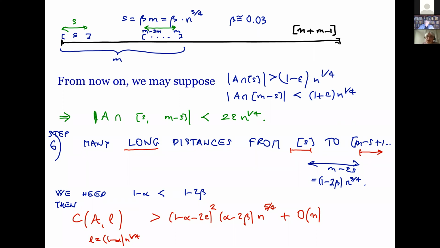Now, how we can go further, it's not clear. We tried. Obviously, if we have a chunk of the Sidon set which is relatively dense, and then another large part which is relatively thin, then there should be another dense part, and then another thin part.